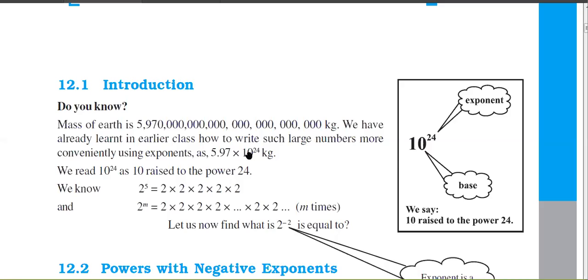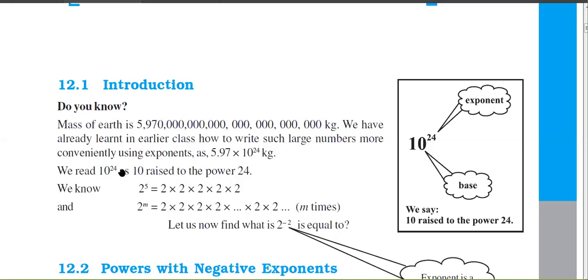So when you multiply 5.97 by 1 followed by 24 zeros, you will get this long number.